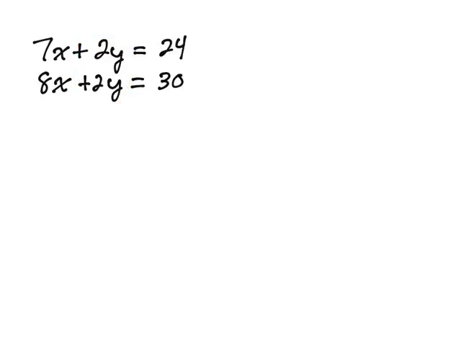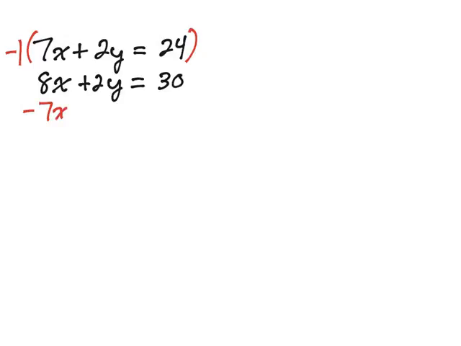So what do we do? Very simply, we're going to change one of these equations so that we have a negative 2y. We can do that by multiplying the equation by negative 1. So that's what I'm going to do to the first equation. Remember, when you multiply something by negative 1, you just change all the signs. So negative 1 times 7x is negative 7x.